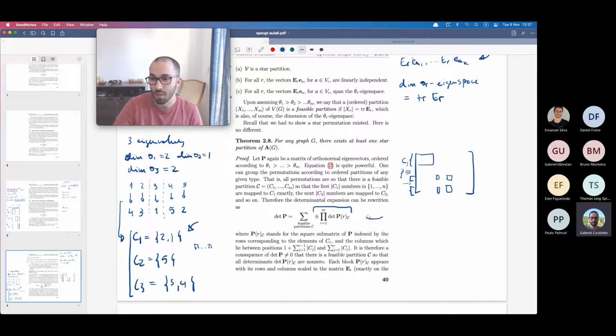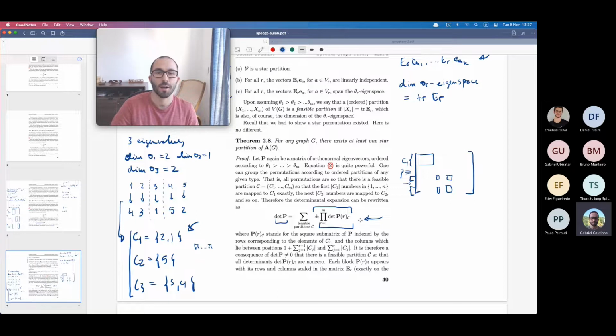And it works. It's just a rearrangement of products of numbers. This is called the generalized Laplace expansion of the determinant. Quite nice. Now, the consequence of this is that because the determinant of P is non-zero, there is a feasible partition so that all of these determinants are non-zero.